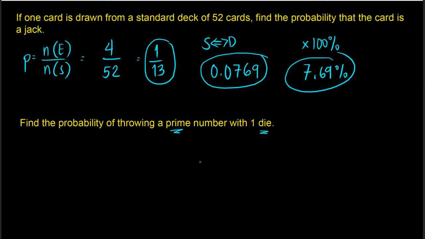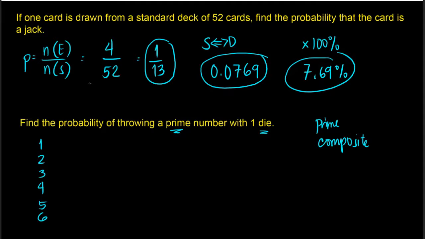Next, prime number. Imagine guys, in a die, you have the numbers 1, 2, 3, 4, 5, and 6. To remind you, there are two types of numbers, prime and composite. By definition, prime numbers are numbers whose only factors are 1 and itself. Meanwhile, composite numbers are numbers that are multiples of numbers other than 1 and itself.